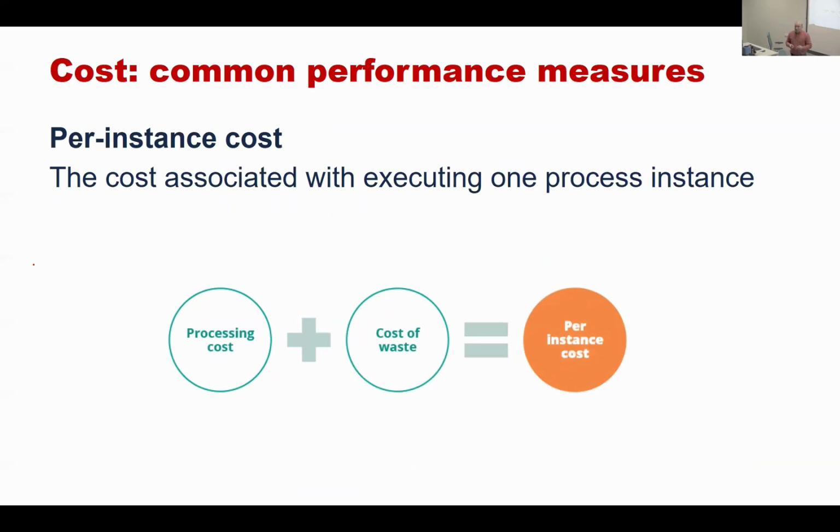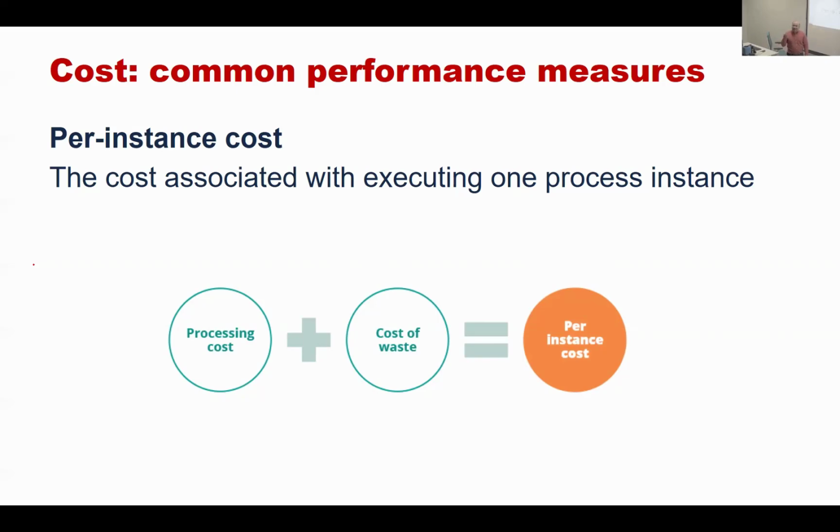The second performance dimension in the field of BPM is the cost dimension. And we saw that the most entry-level measure of cost in business processes is the per instance cost, the cost of executing one instance of the process.